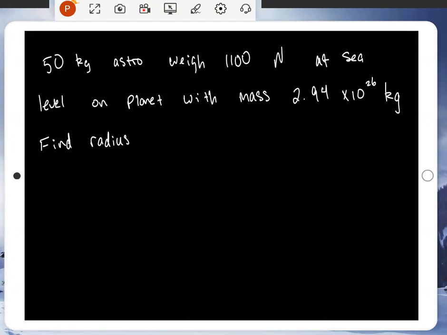This is definitely a universal law of gravitation problem, but it's a little different, right? But please always do the same thing. So what's the first step to solve this? Make your list of everything. Yeah, you got it. So tell me what to write down.